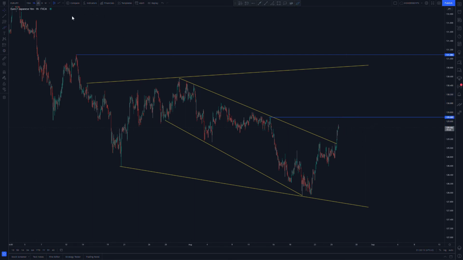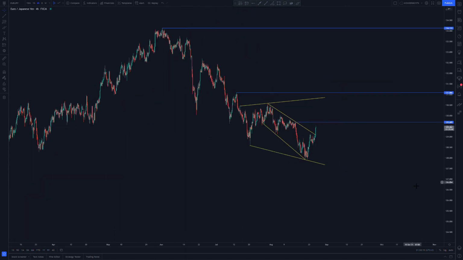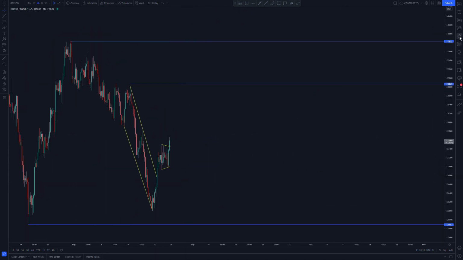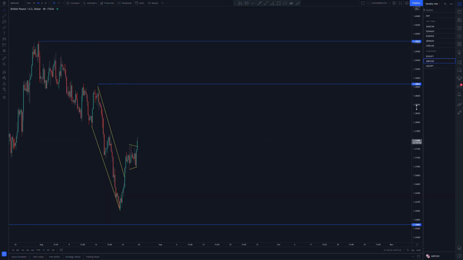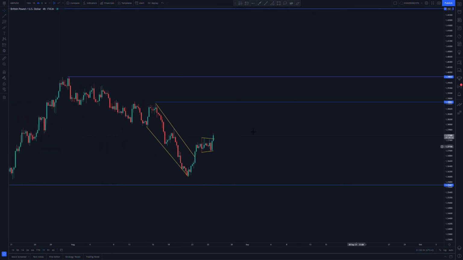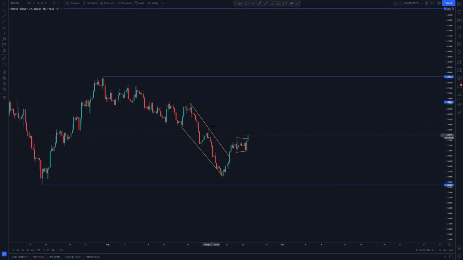So following another pair, small, that is on my wildcard, it's pound dollar. You can see we still have more room to the upside, but it's the same thing as Euro JPY.